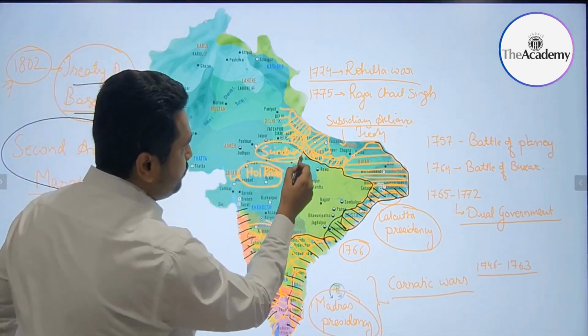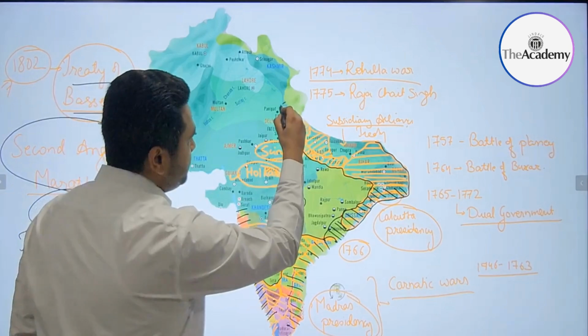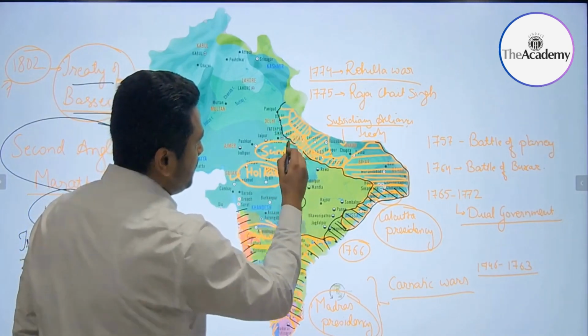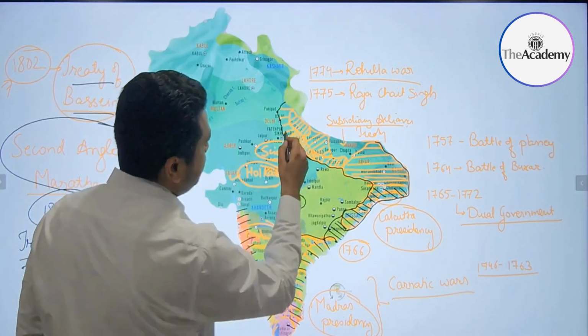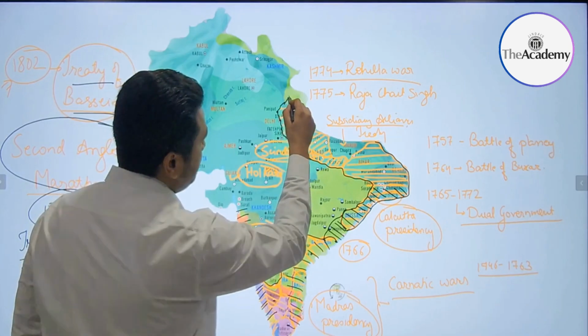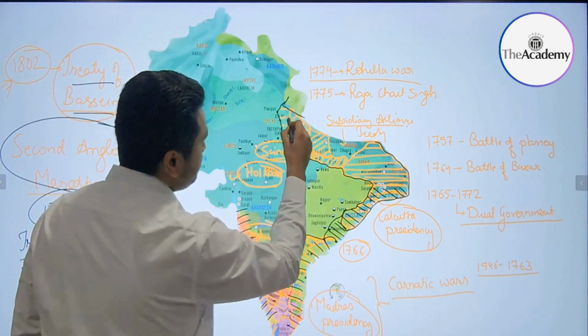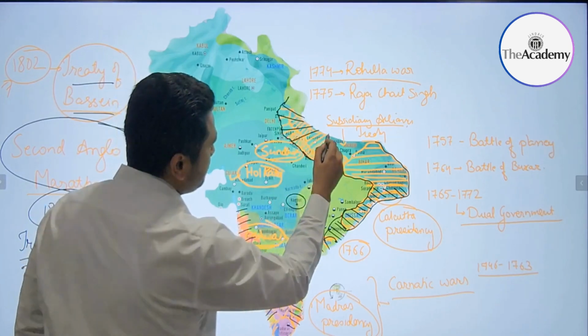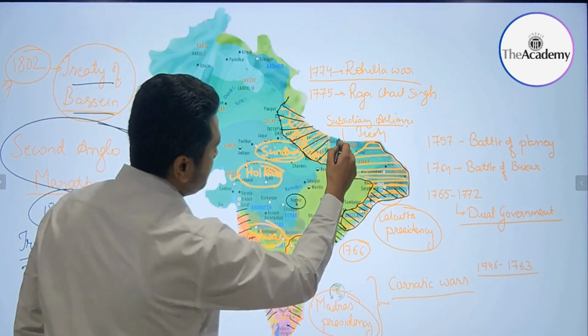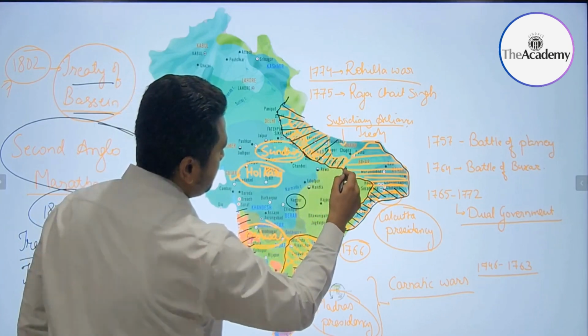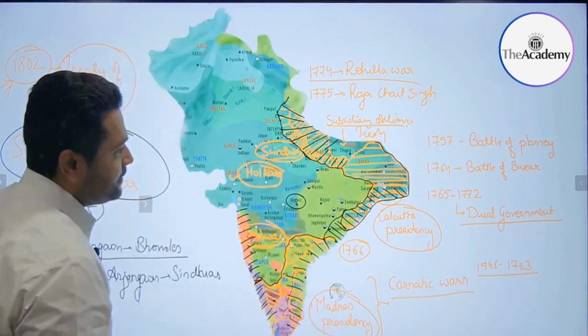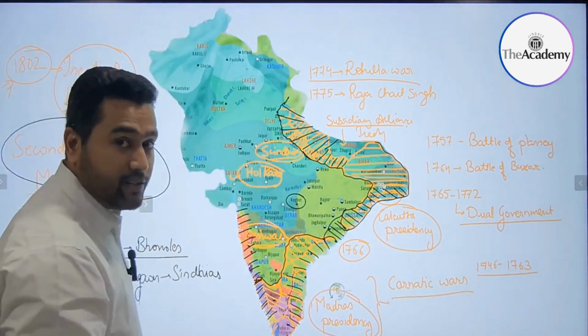As per this treaty, the British got this entire territory up till the river Yamuna. So effectively, the British gained a significant stronghold.